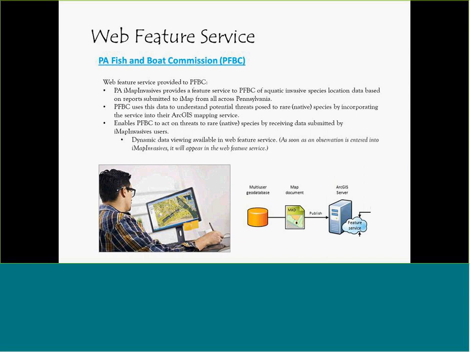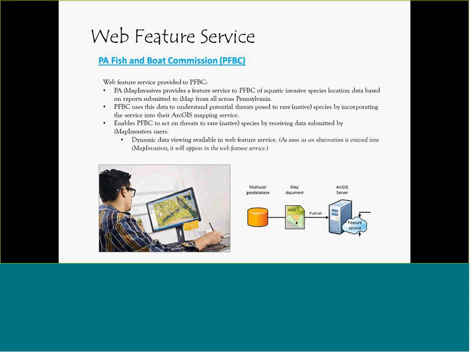They can overlay the invasive species data with the rare species data and identify, looking at proximity and how close an invasive species might be to a rare species, and looking at the dates each was found, and basically do some analysis to say, this rare species is being threatened by this invasive species. It's something that we need to pay attention to.